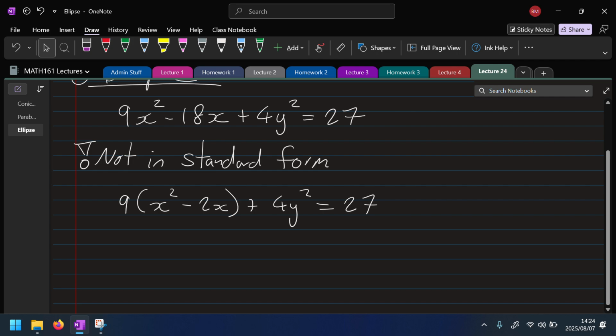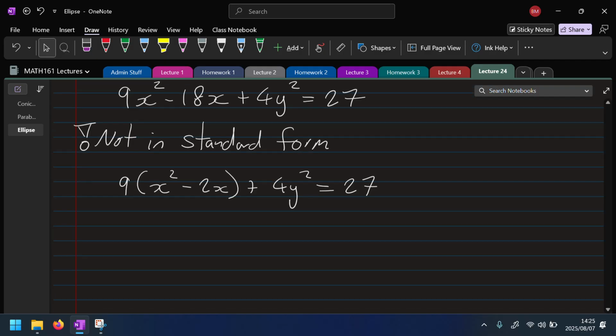We just want x by itself. So what do we have to do? How do we combine it? Yeah, what's the process called? Starts with the C. Completing the square, yeah.